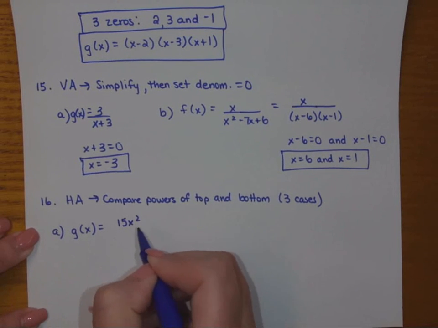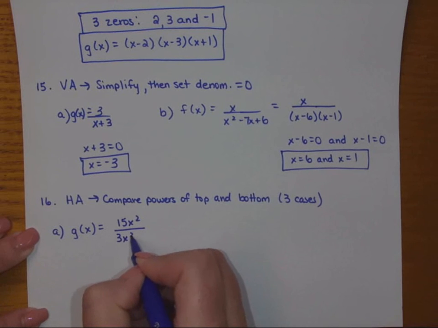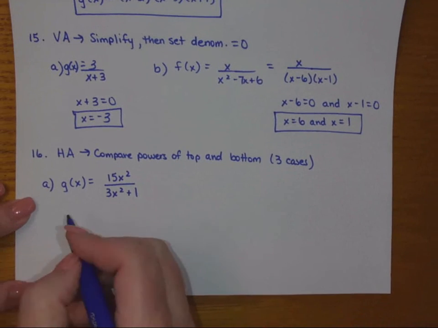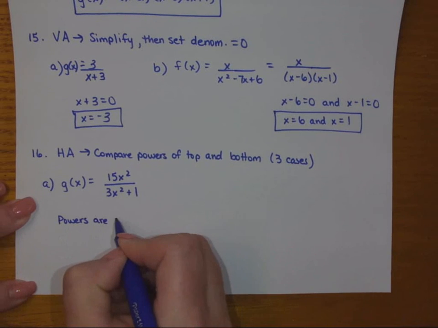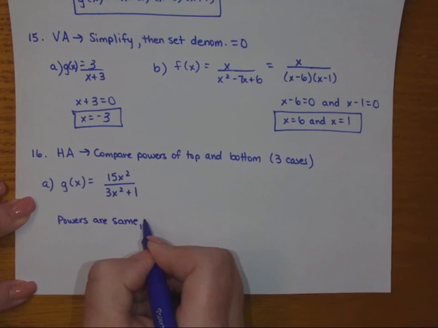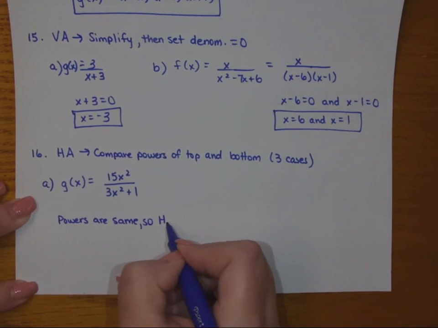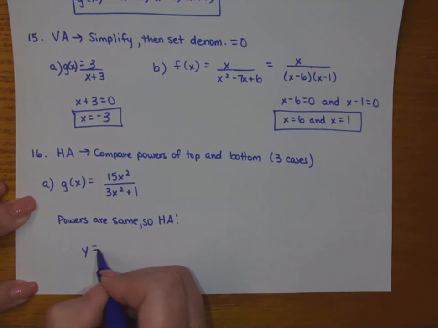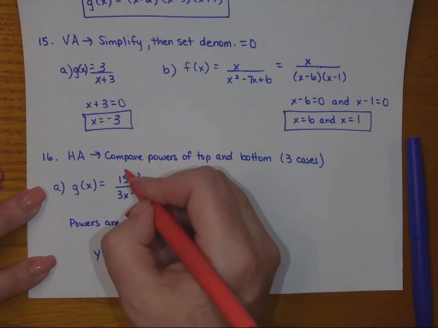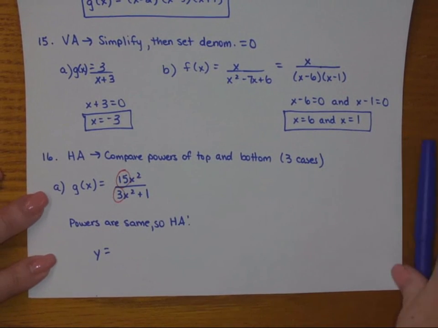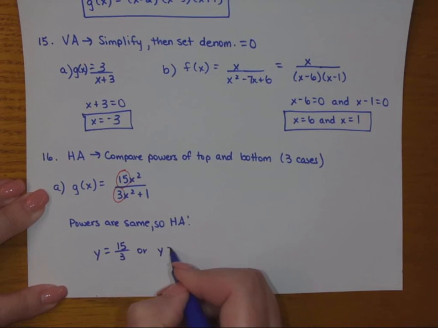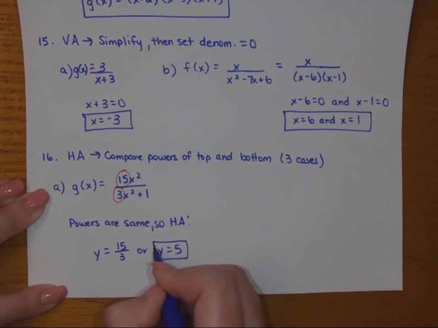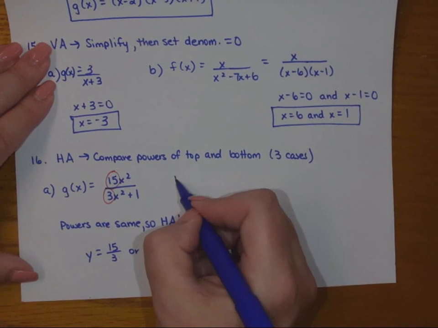So for this one, notice the powers are the same. So that means the horizontal asymptote is going to be y equals, and then you just pull the leading coefficient of the top over the bottom. So it's y equals 15 over 3, or y equals 5. Okay, so it all just has to do with what the powers are.